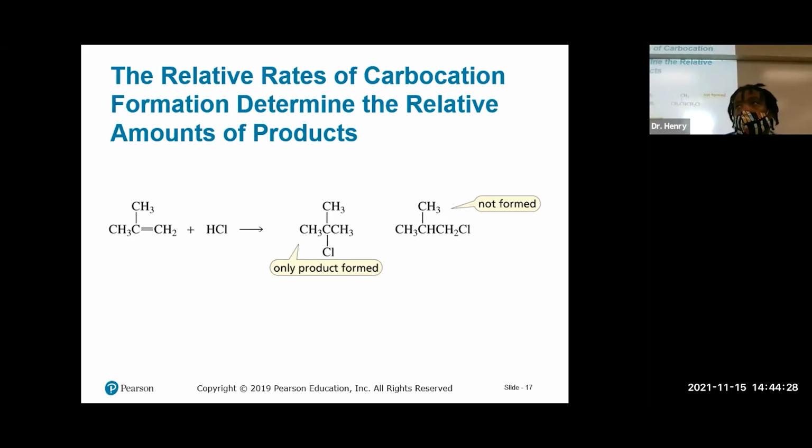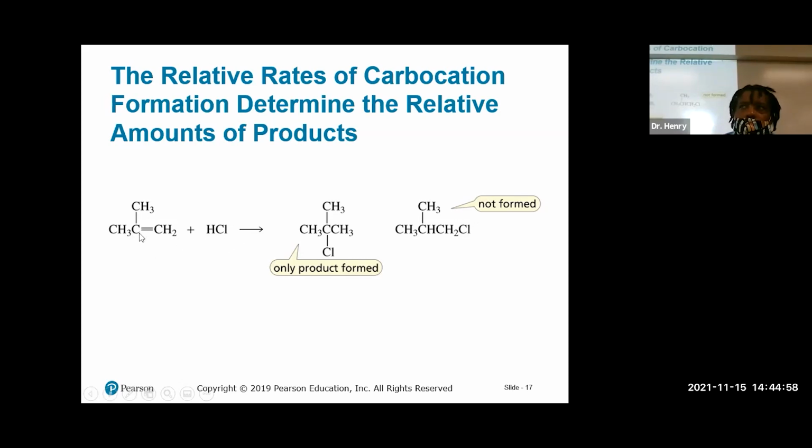Okay, so in this case, if we look at the carbocation of isobutene.